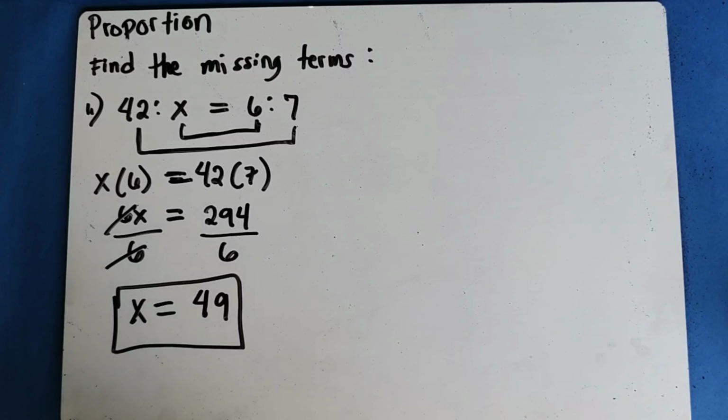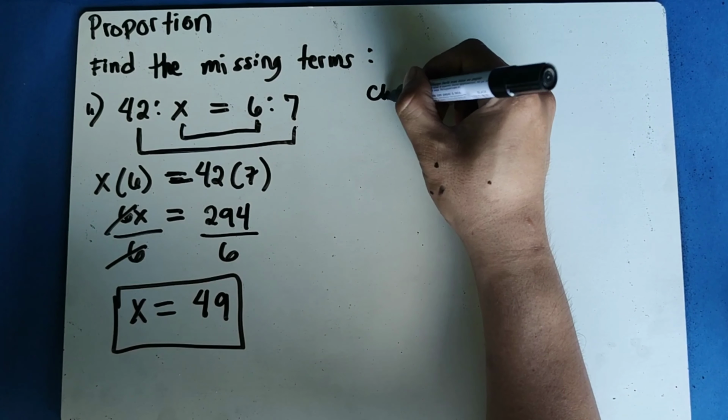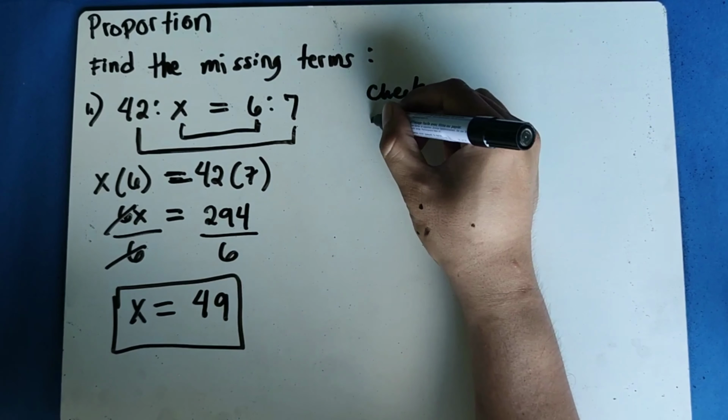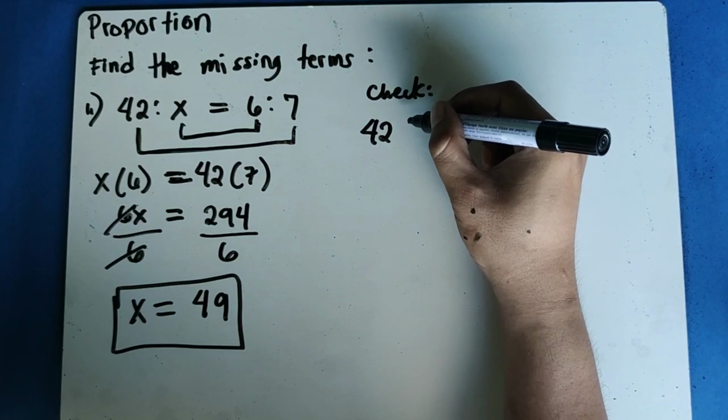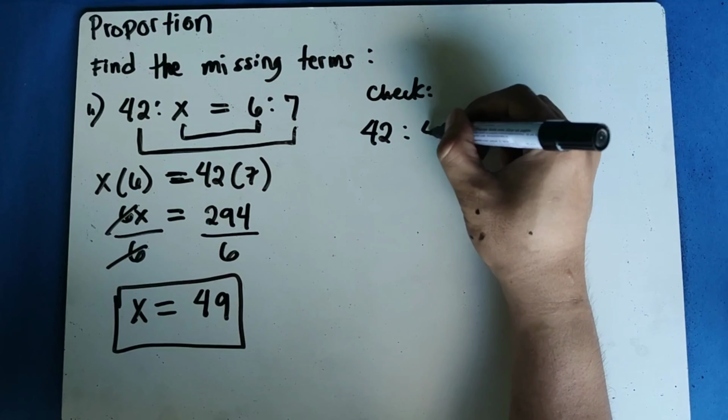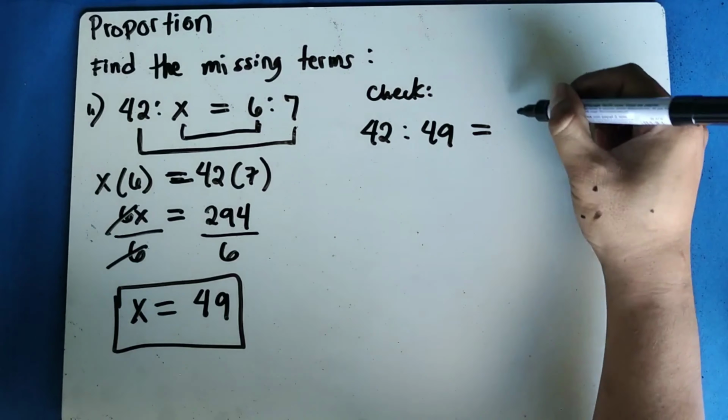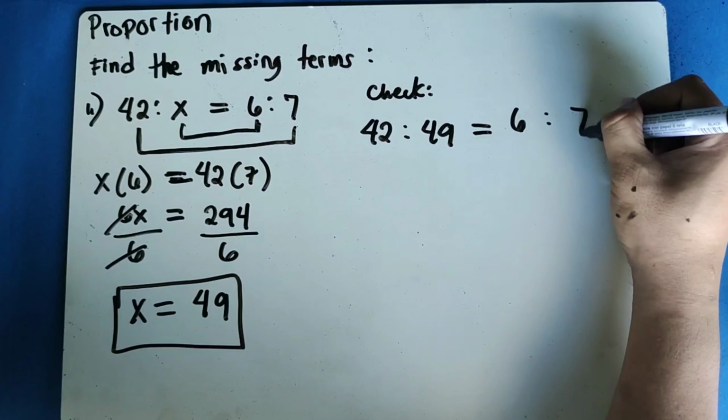Let's try to check. Apply checking. 42 is to 49 is equal to 6 is to 7.